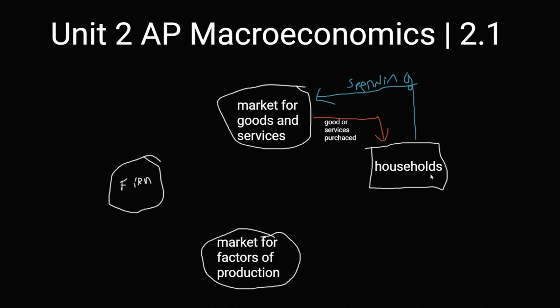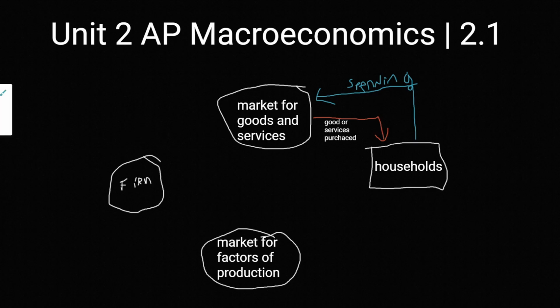I never thought of it like that until my teacher explained it to me, and now I'm explaining it to you. It's a very simple way of explaining it. Baking, cooking, building, that is a service. A good: pizza, computer, clock, television.